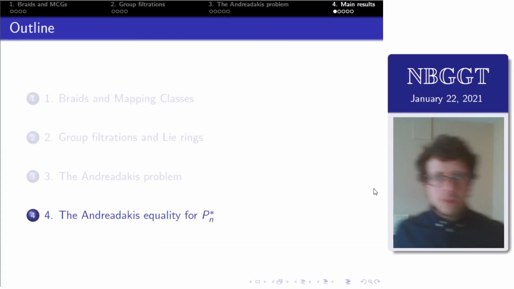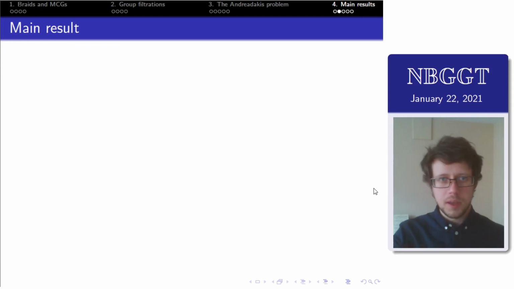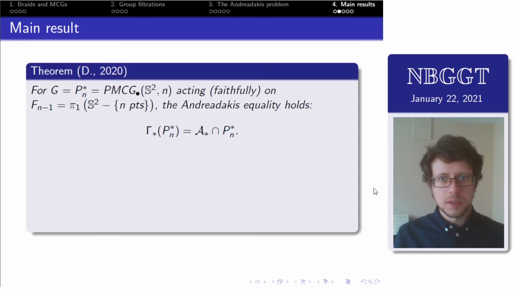So now we turn to the Andreadakis equality for this Pn star, which is this group we're interested in, which is the pure mapping class group of the sphere fixing n+1 points. So let me give the main result, which I reformulate like this.